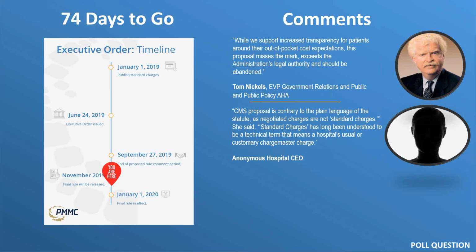Around this time last year, CMS also issued an FAQ with some additional clarifications of what needed to be provided in the file that we had to post that listed our charges, our standard list of prices. It's also important to remember that beyond this federal requirement, many states over the last 10 years have been taking steps to make pricing more transparent.